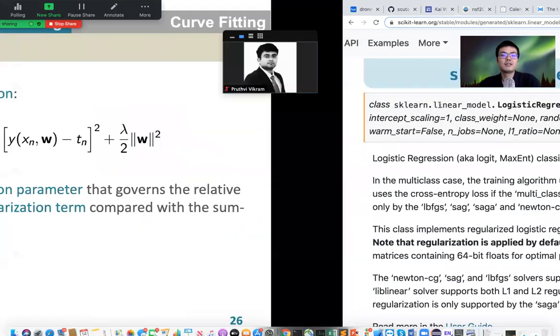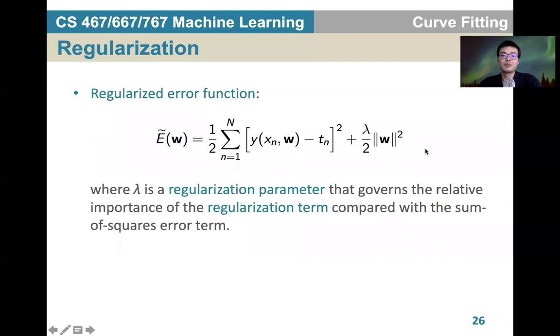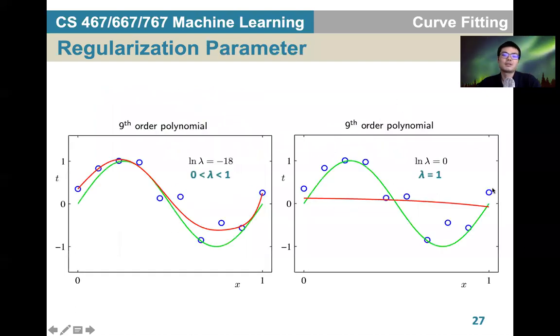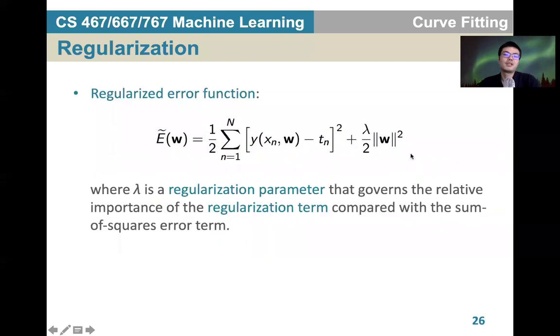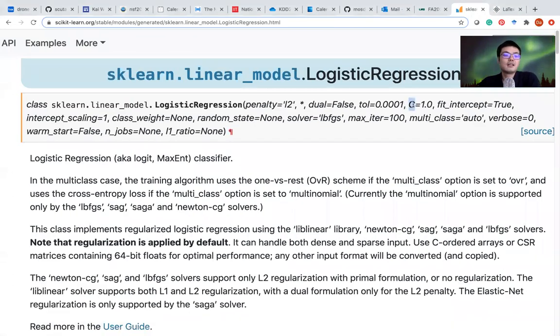We have seen lambda is usually smaller than that. Sometimes in certain cases you want to use a bigger lambda, but it's very rare because you don't want to put too much effort on the regularization. Otherwise, you will have a flattened line because all you care about is just making it 0. So C is basically the lambda.